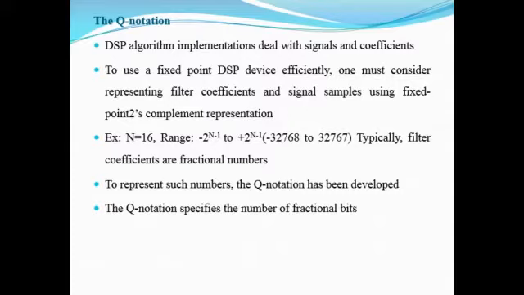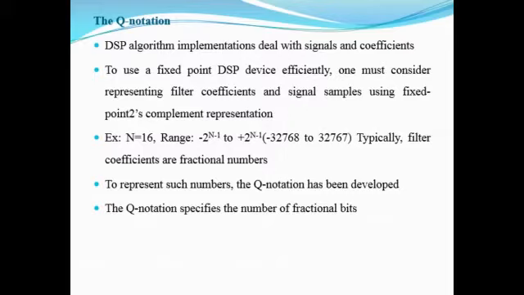two's complement form. For example, if I consider n equal to 16, that is the size of a particular number, 16 bit, it has a range from minus 2 power n minus 1 to plus 2 power n minus 1.